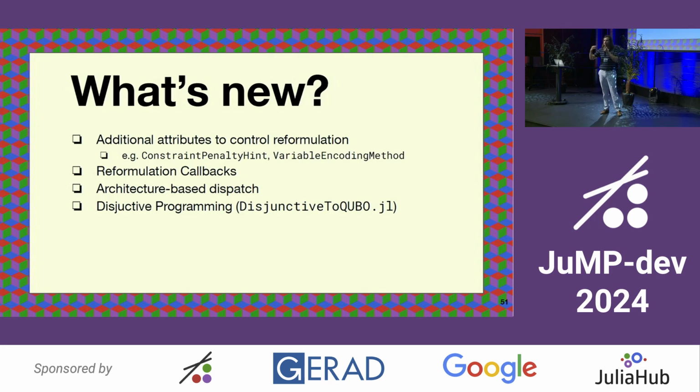Every time it has some constraint to process, the user can say, oh, I know how to do this more efficiently. This was particularly useful when implementing the disjunctive programming you're going to hear about later. And the architecture-based dispatch allows you to override and overload some of the functions that will process those constraints and variables to account for particularities of your hardware.